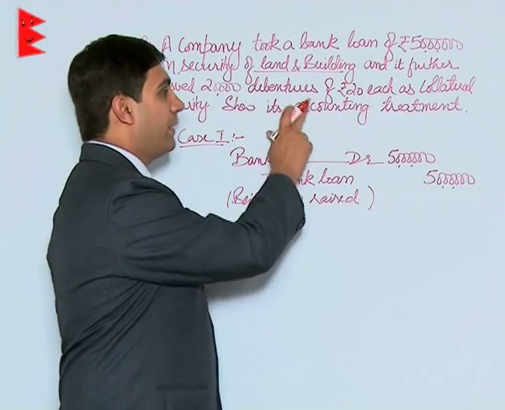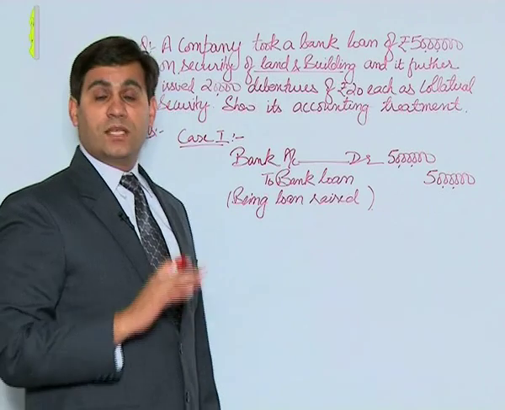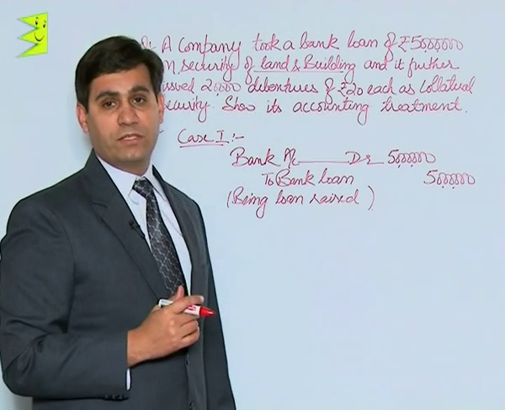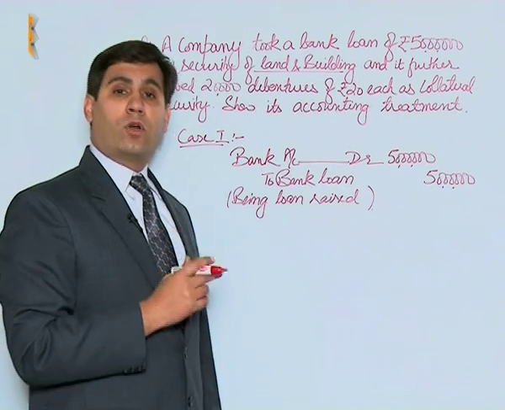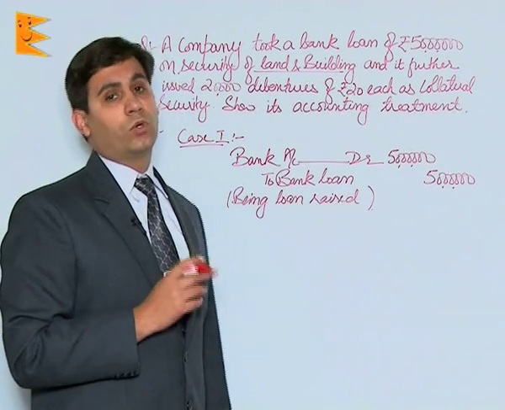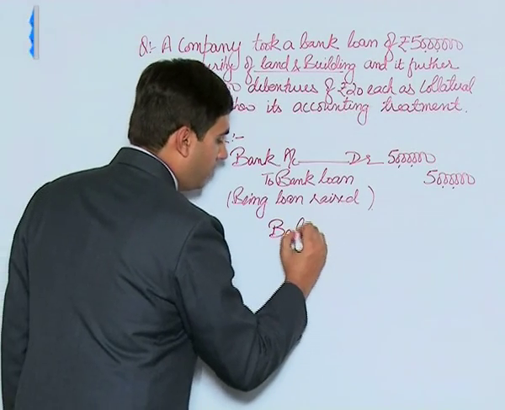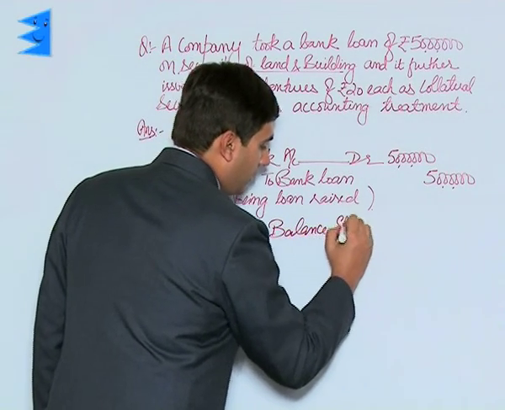Now coming to issue of debentures as collateral security. Since in this case we are not supposed to pass any journal entry for issue of debentures, the recording is done as a means of note in the balance sheet. That means the balance sheet would appear as follows.